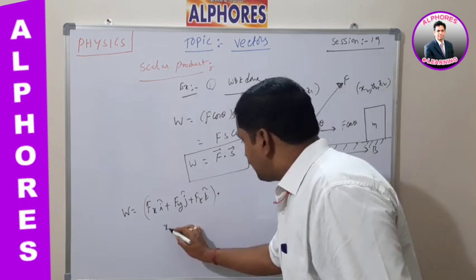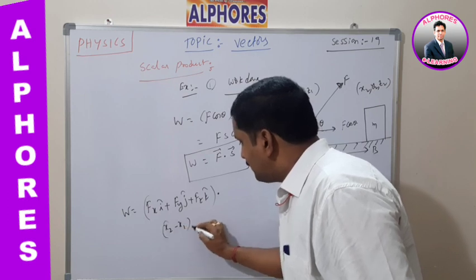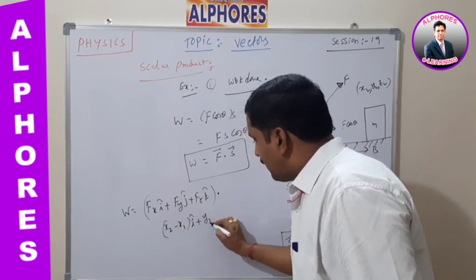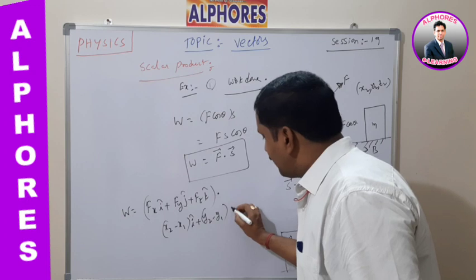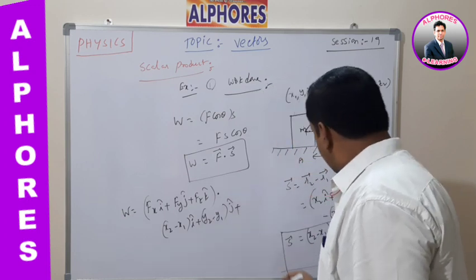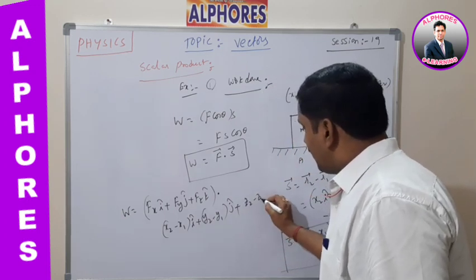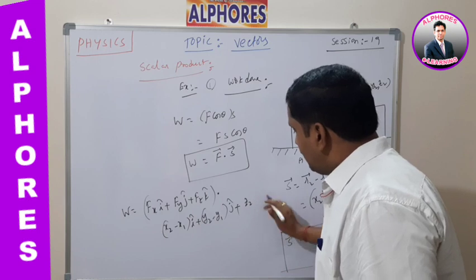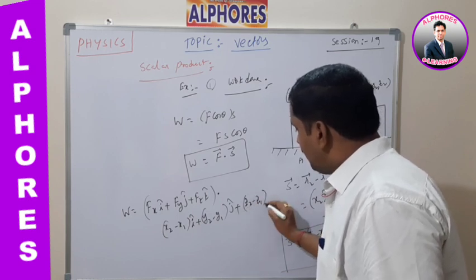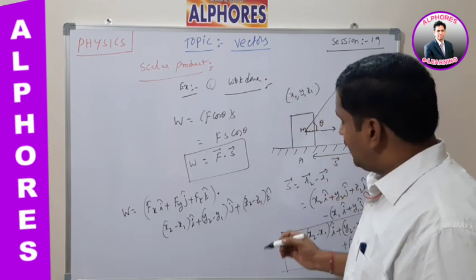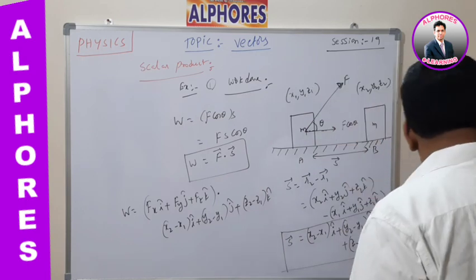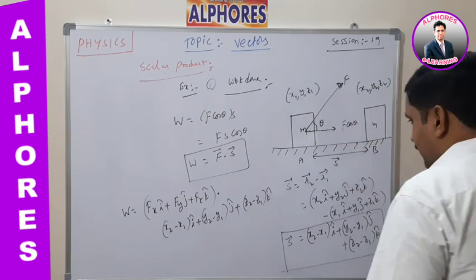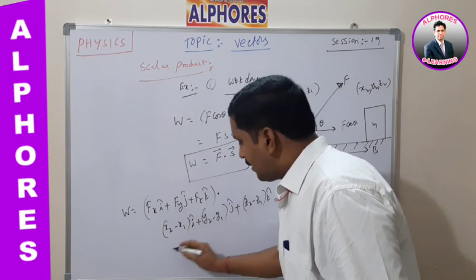Here I am writing x2 minus x1 into i cap, plus y2 minus y1 into j cap, plus z2 minus z1 into k cap. Now listen carefully, by taking the dot product of these two vectors, what do you get?